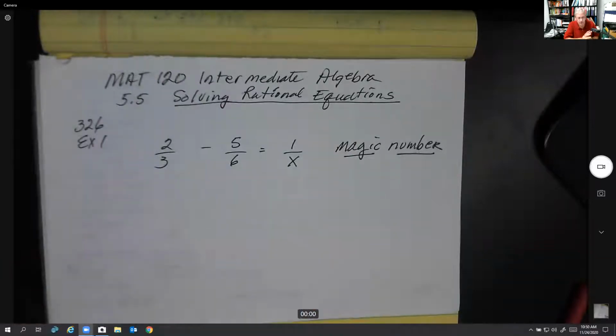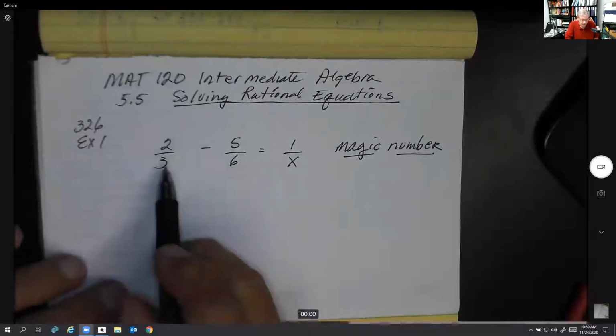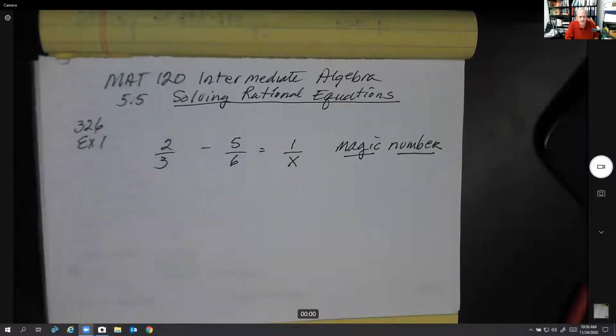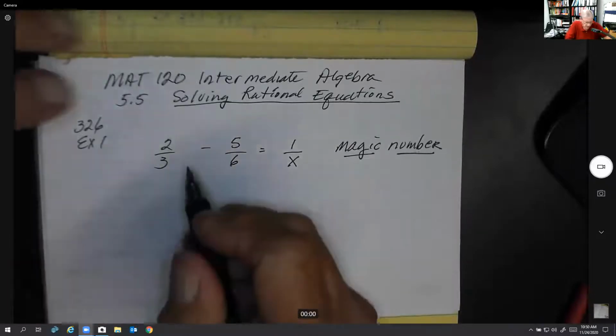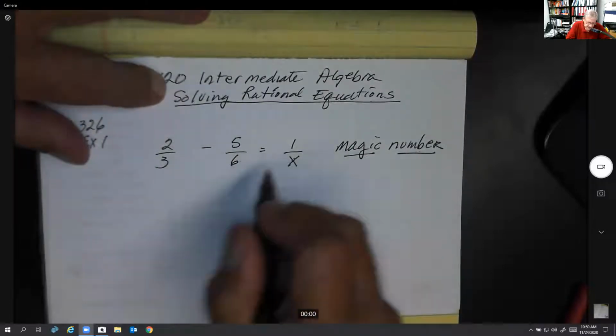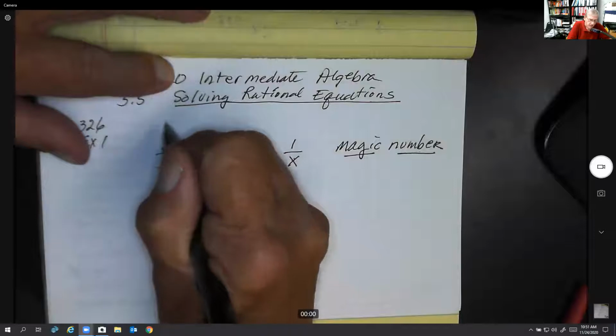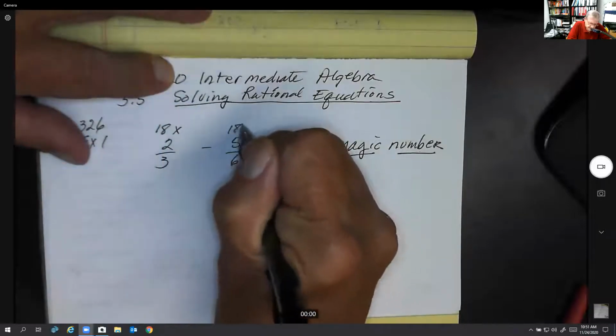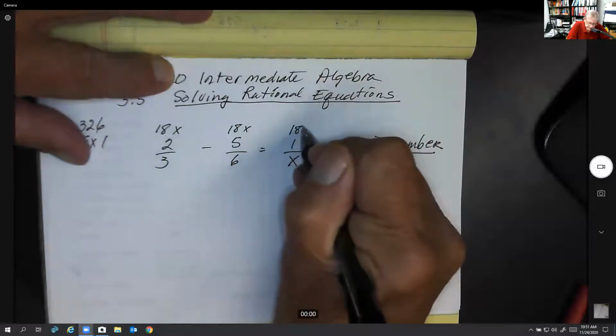If it's fairly small like this, 18x, I can use that. I can also use 6x because all these factors would go into that. But to make it easy for ourselves, let's just multiply all these together, 3 times 6 times x. And let's write this over each term, 18x, 18x, 18x.